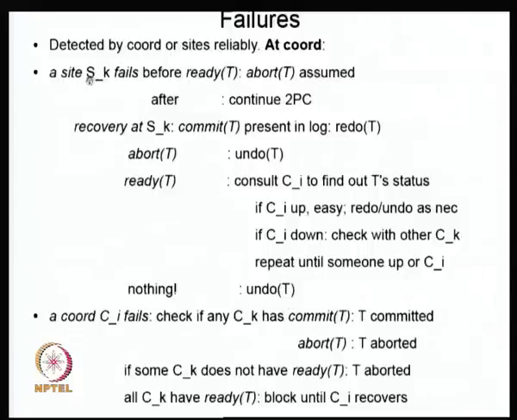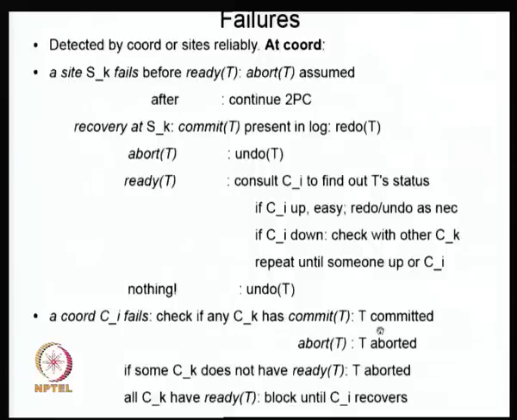So we took care of the situation with respect to a site failing. What about if a coordinator fails? If a coordinator fails, you check if any site has a commit. If any site has got commit, that means that the coordinator already has instructed that the transaction is going to go through.